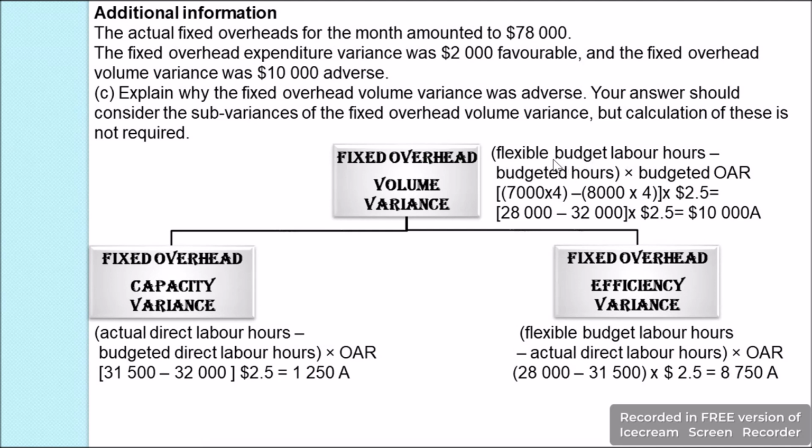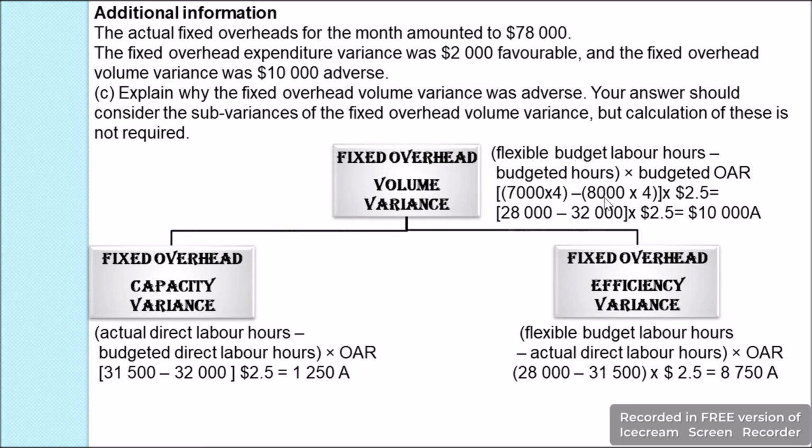So now if we see the flexible budgeted hours, these are calculated by taking the actual production, which was 7,000, times the labor hours required for 1 unit, which was 4. So we got this as 28,000, and the budgeted hours, according to the fixed budget, we were producing 8,000 units, and for each unit we require 4 labor hours, so this was 32,000.